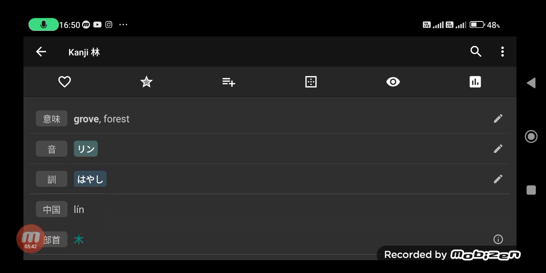And by the way, minasan, that's probably because Japanese people are not that trained to pronounce the letter L. So whenever they want to say L, that L will be converted to R. So if Chinese people can say lin, when adapted in onyomi, the Chinese reading, the lin becomes rin.